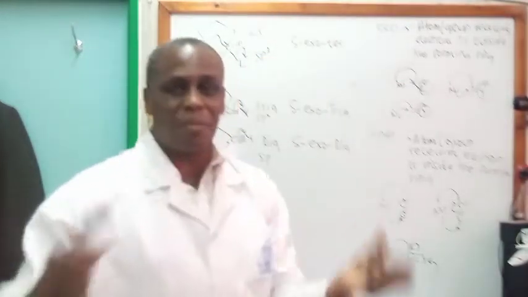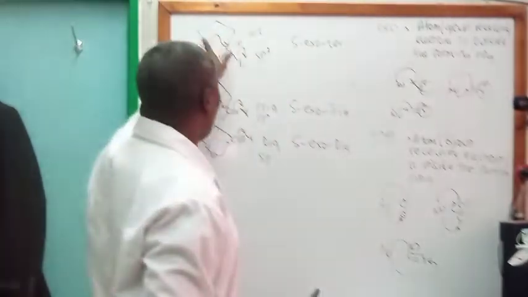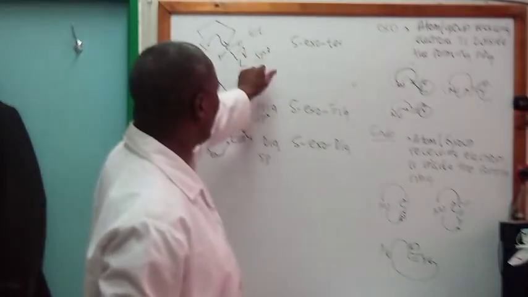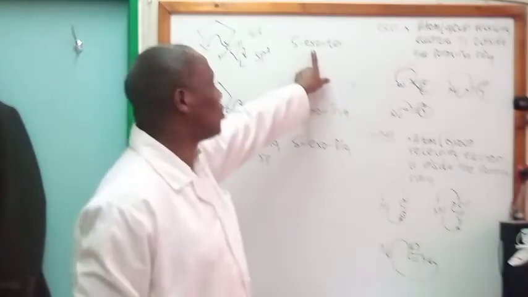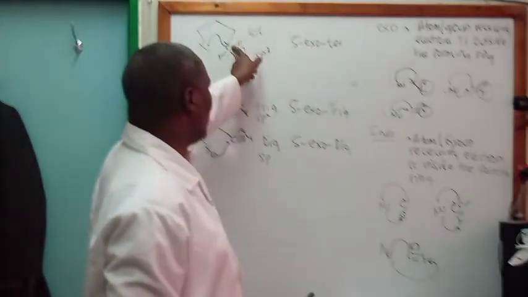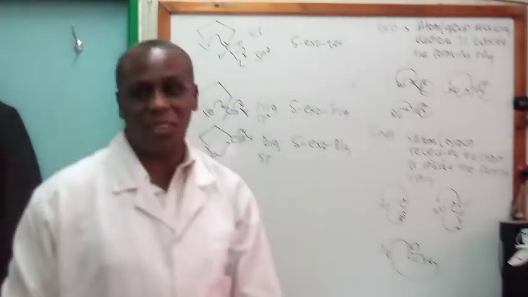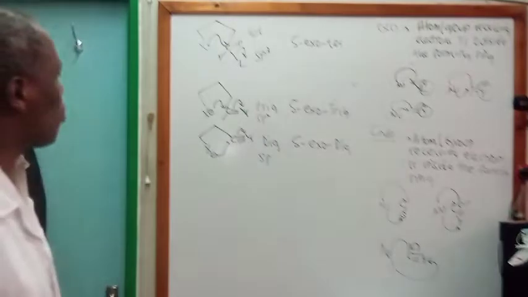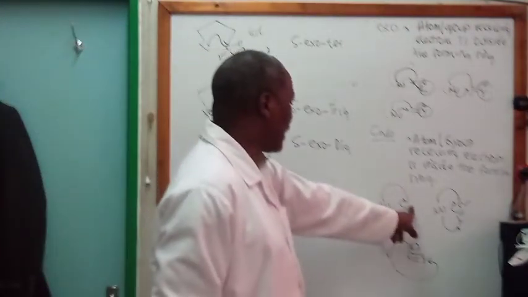If you're forming a 3-membered ring, then you're going to put a 3. The group which is receiving electrons is actually on the outside, so I'm going to use the word exo. And then it's a tetrahedral carbon, so you're going to use the word tet. So it's 5 exo tet.